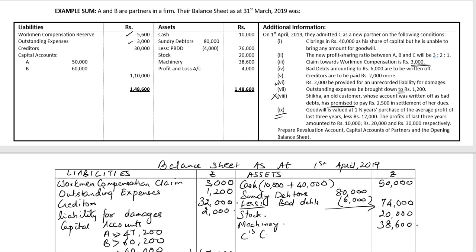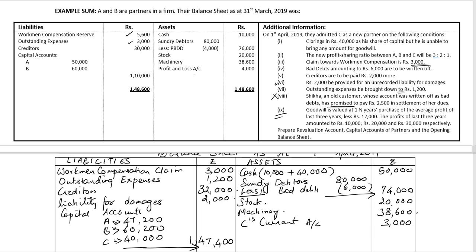The last item, C's current account. The account opened by us because C was unable to bring in his share of goodwill of rupees 3,000. So that's 3,000 rupees. I'll remove the split and then we can see if the balance sheet is tallying.